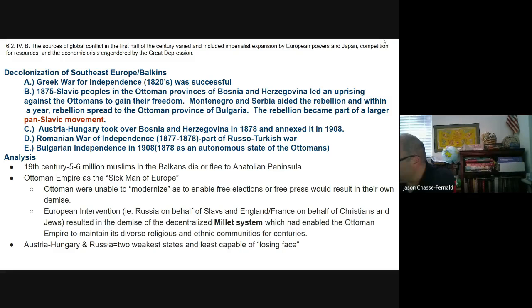So they're going to be recognized as autonomous in 1898, and then actual independence is in 1908, the same year that the Habsburgs will annex Bosnia. All right, so just kind of show you where I ended up with that. All right, so there you go.